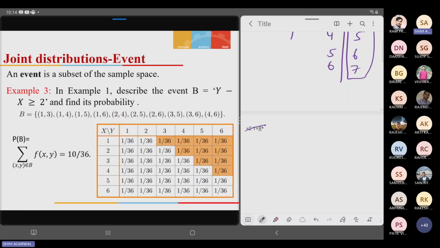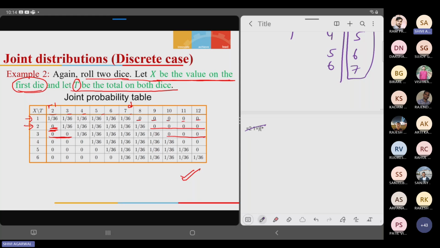Correct? So this is the joint table here, and the combinations are 1 and 2, 1 and 3, 1 and 4, and all values are 1 by 36. So here the density function, we can say it is 1 by 36. So x is equal to 1 and t is equal to 2: the probability is 1 by 36.